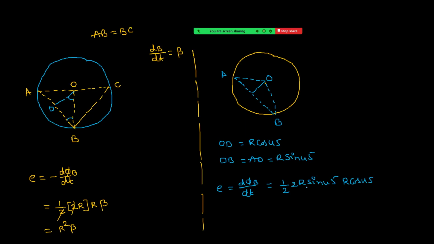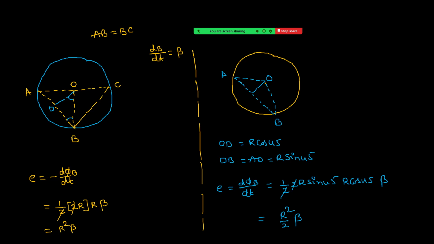So area is half into base into height, into dB by dt, that is beta. The 2 cancels, leaving R square sin 45 cos 45, which is 1 by 2, into beta. This is the EMF induced in the triangle OAB.